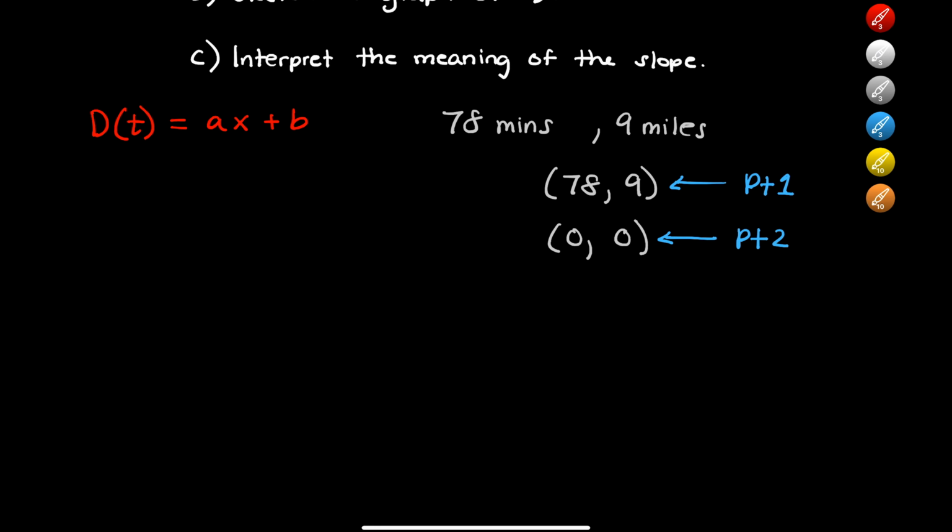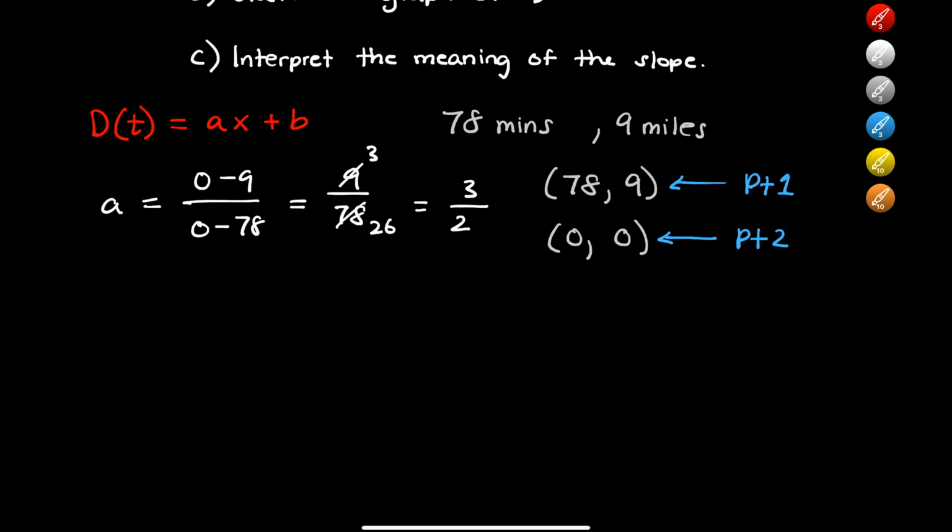And with this, we can calculate for a, the slope. So putting that in, it will become 0 minus 9 over 0 minus 78. That is equal to 9 over 78. And simplifying that out, if you divide by 3 on both top and bottom, you'd see that we would get 3 over 26.